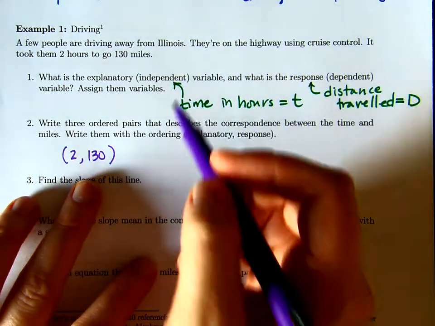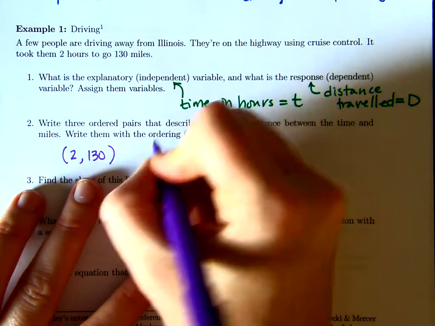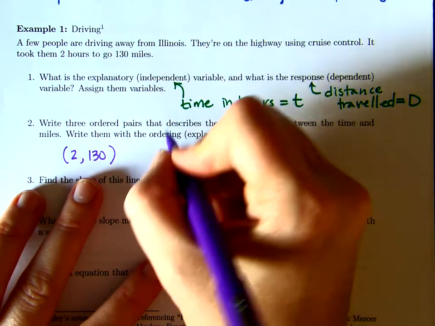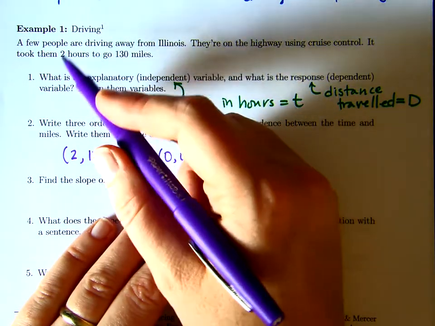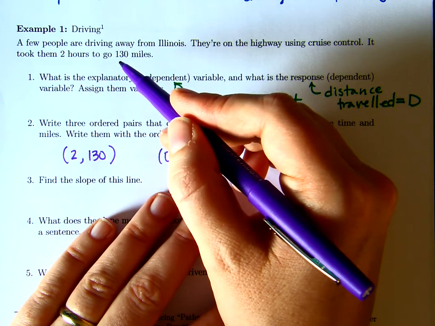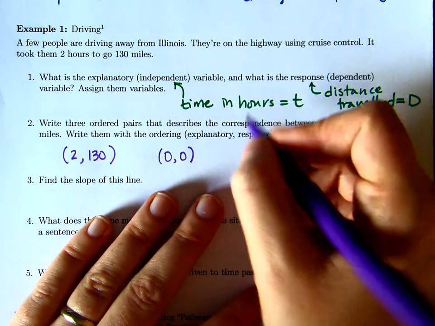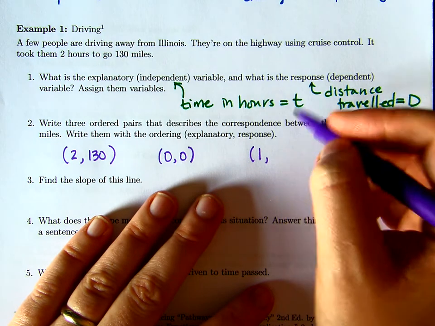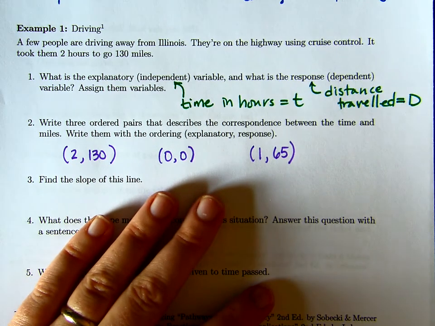Well, on cruise control, if you went 0 time, then you traveled 0 miles. If we simplify this, in 1 hour, what is half of that? Is that 75? Dang, no, that's not right. That's 65. That's better. 2 65s makes 130. Got it.